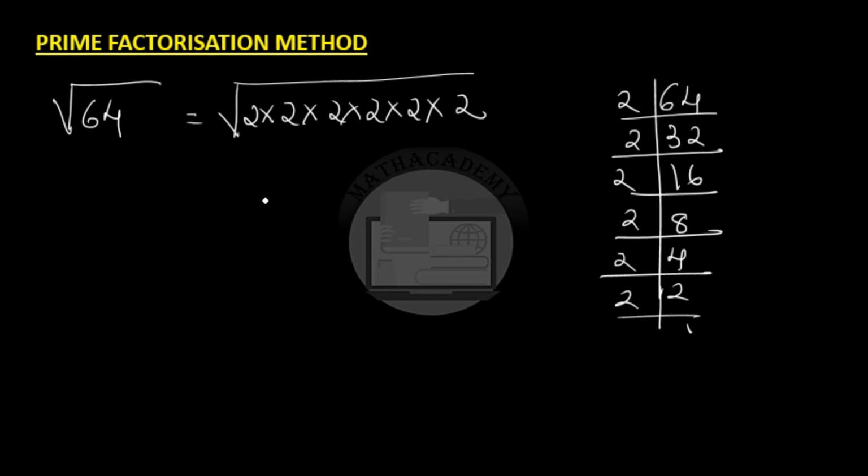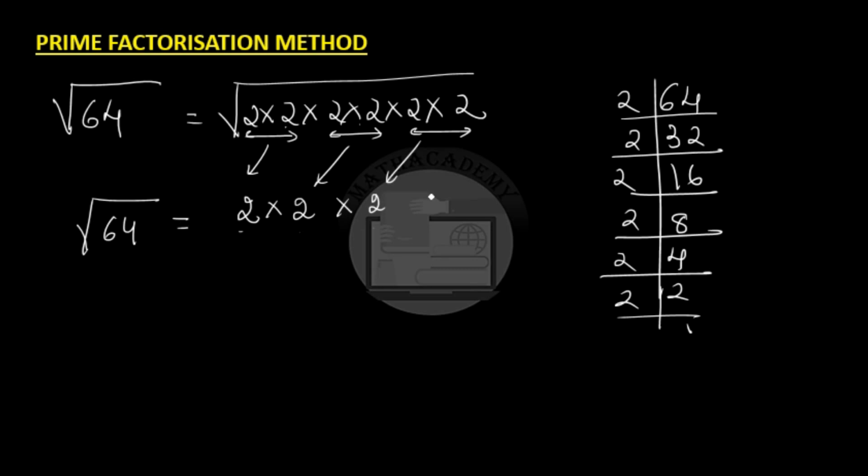If we have to find the square root of 64, we need to form pairs of all the prime factors, and out of every pair, one factor will come out of the square root sign. So we have 3 pairs of factor 2, and hence three 2's will come out of the square root sign to give the square root of 64 as 2 times 2 times 2, which is 8.